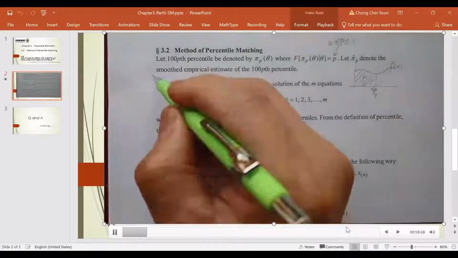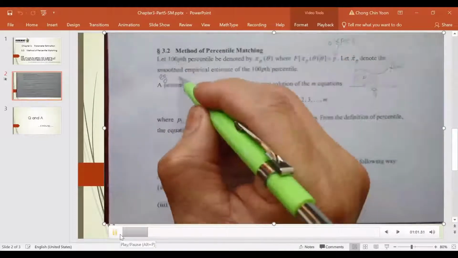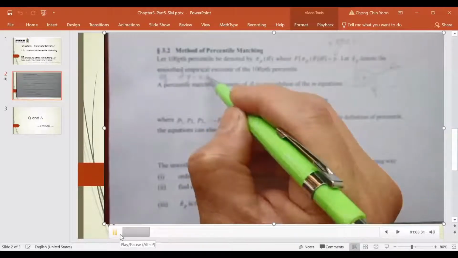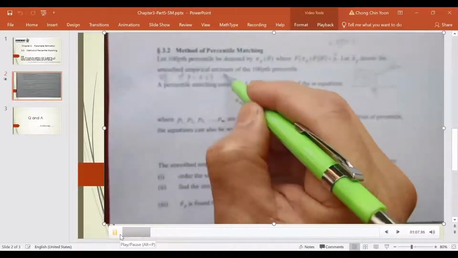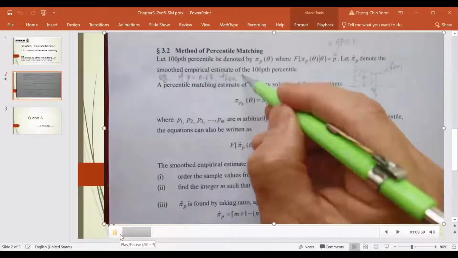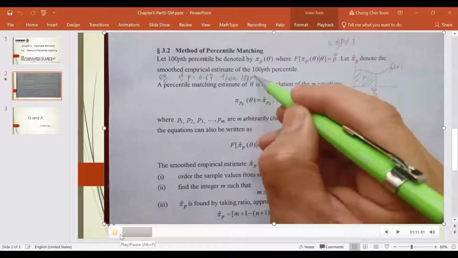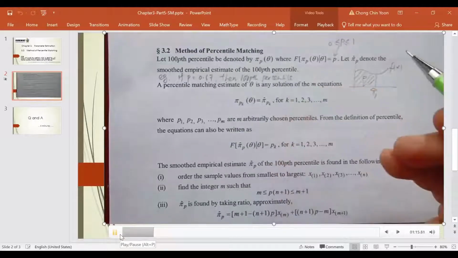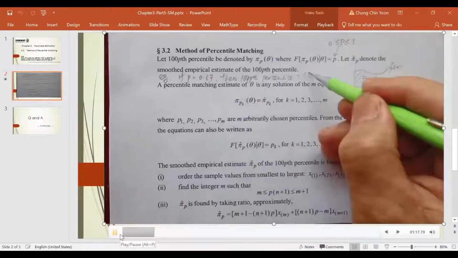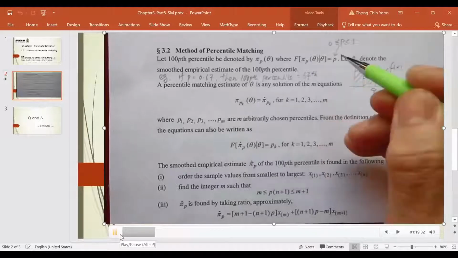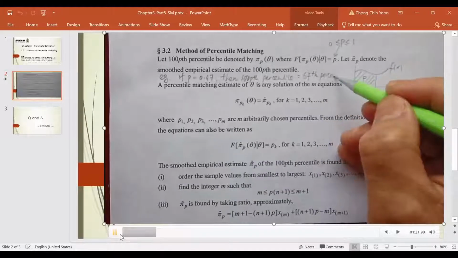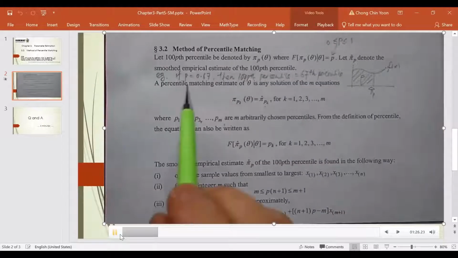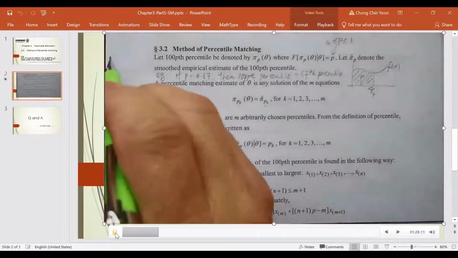For example, if p is equal to 0.67, then the 100p percentile is equal to the 67th percentile. This can be explained by a diagram.